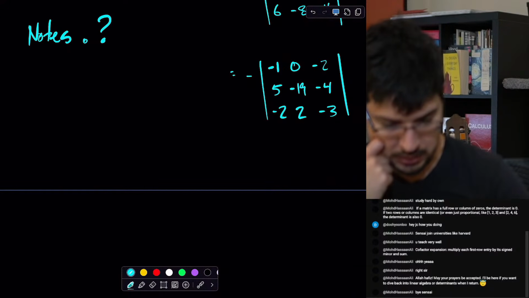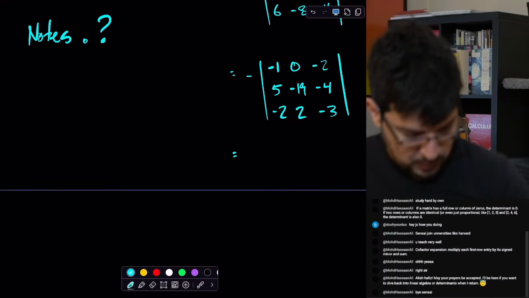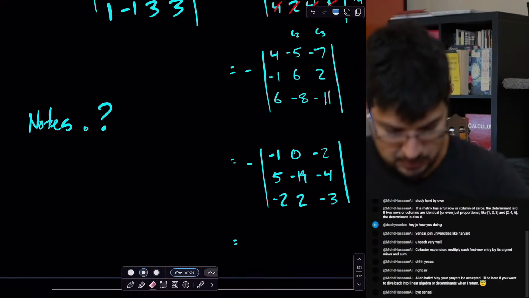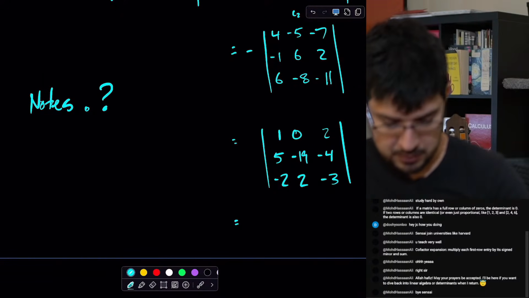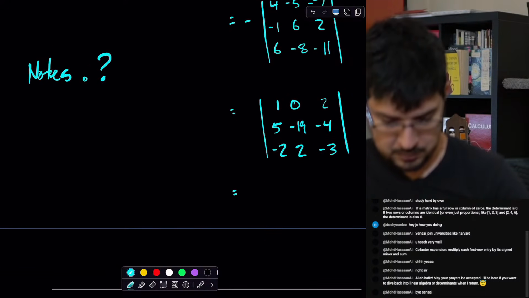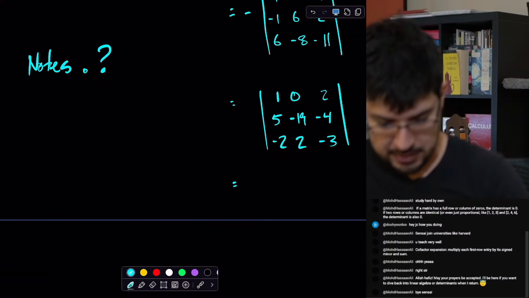Okay, we're getting somewhere. We'll factor out a negative 1 from the first row, and subtract 2 times the first column from the third column.